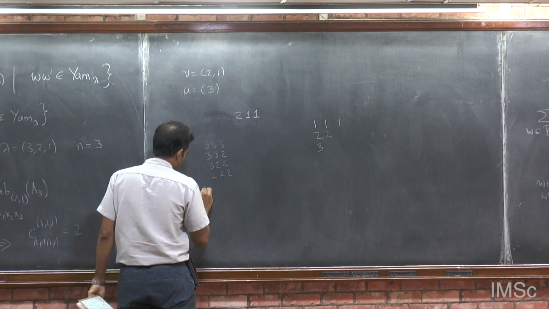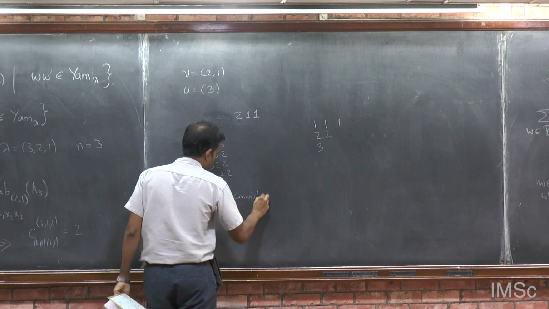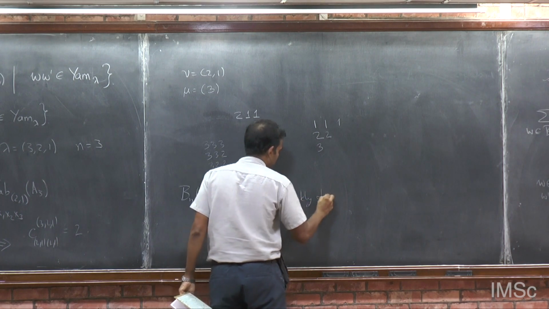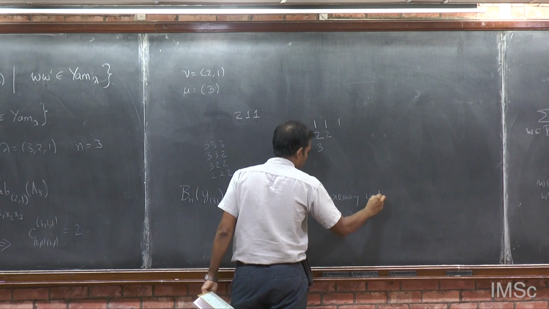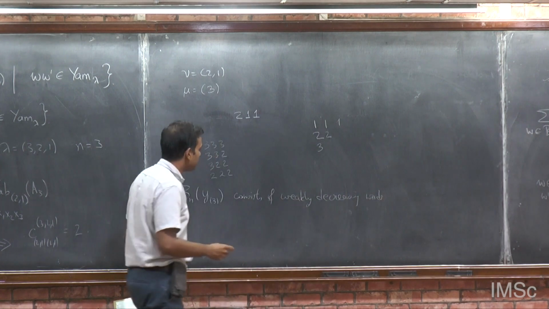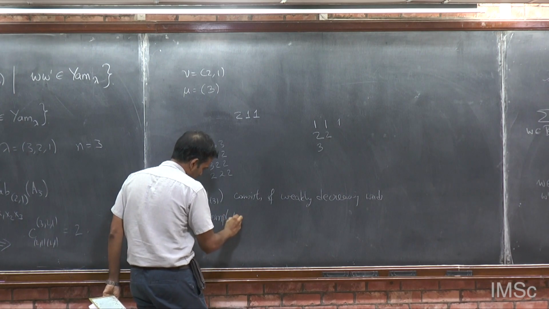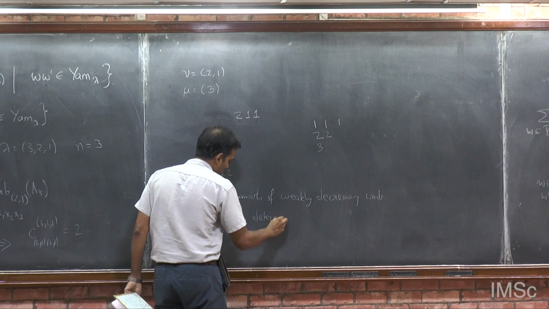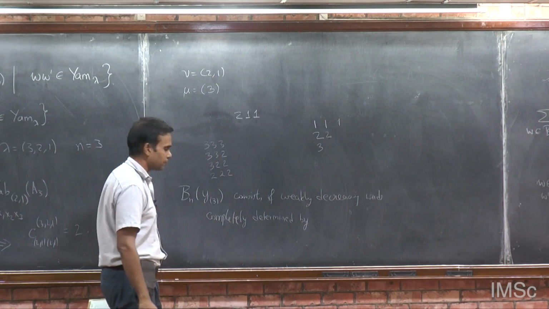Bn y3 consists of weakly decreasing words, and it's completely determined by the weight.